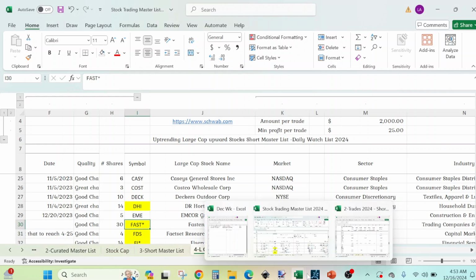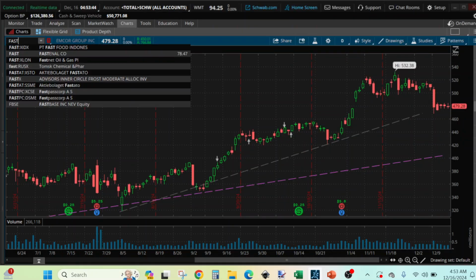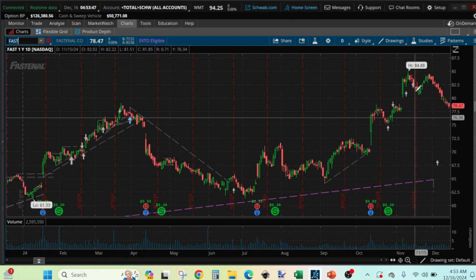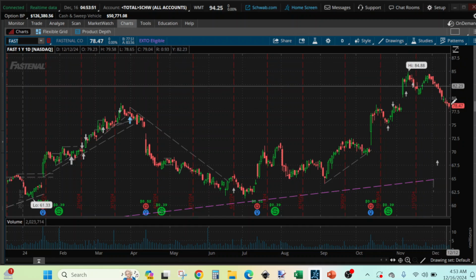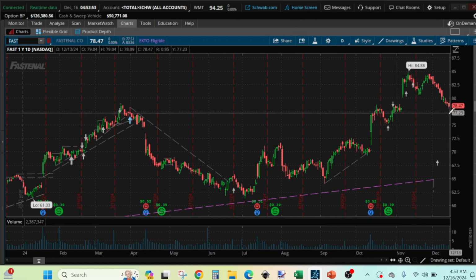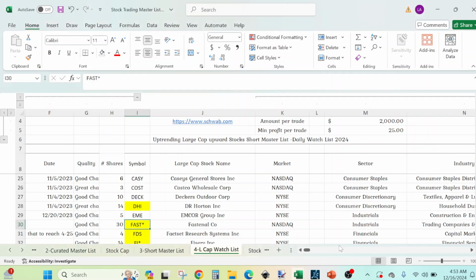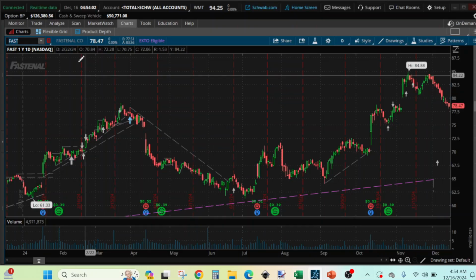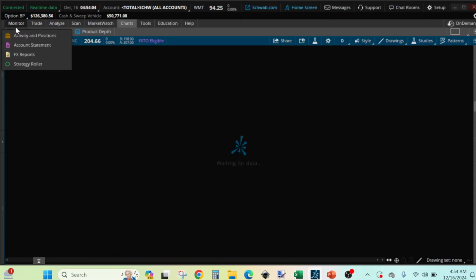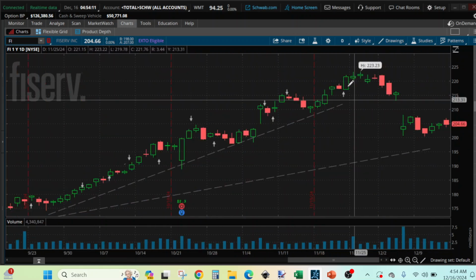FAST. We have that in our portfolio. So FAST, we bought it there, and it's here right now. FI. Then we have FICO. Those are in our portfolio as well. So FI, we bought it there.